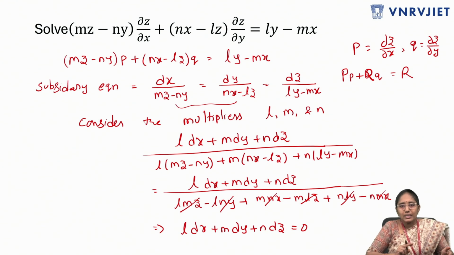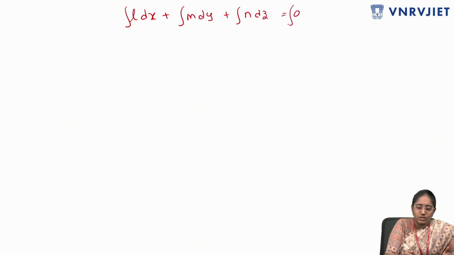Now observe this, l, m, n are constants. So it is easy to integrate each term. So directly integrate the equation on both sides: integral of l dx plus integral of m dy plus integral of n dz is equal to integral of 0.